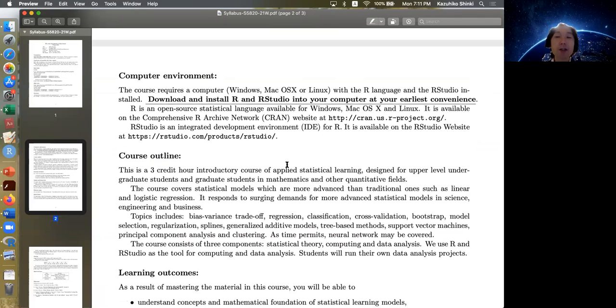RStudio is basically an integrated development environment, a kind of text editor. It's not essential for computation, but to compile files you need it.